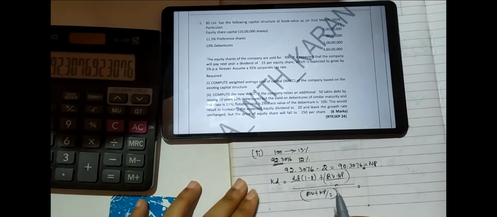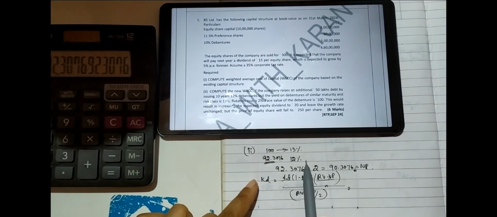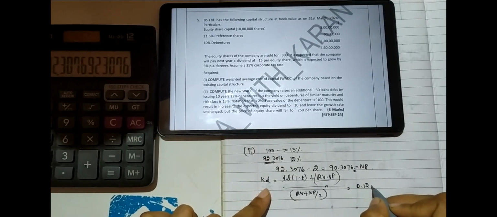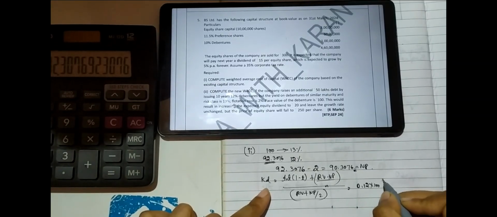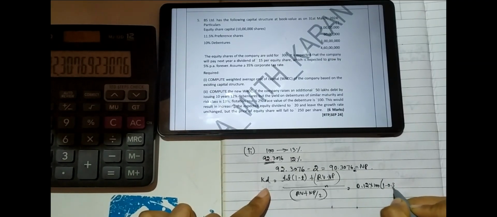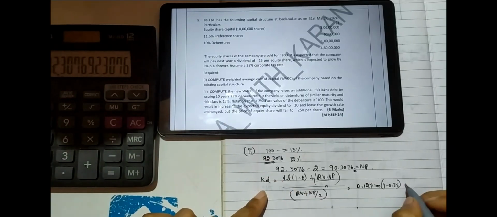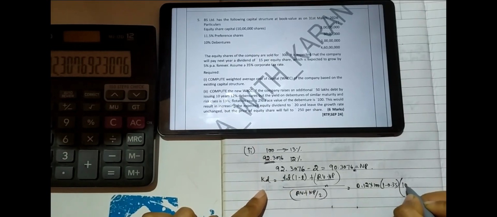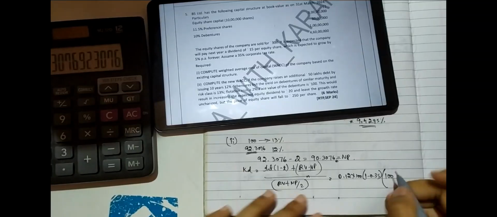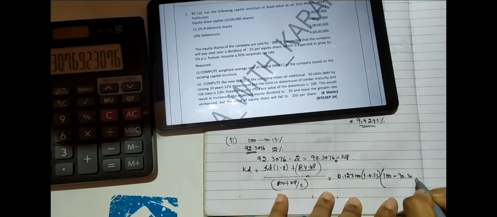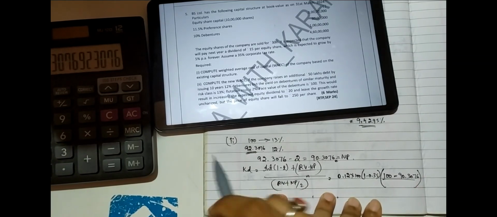So what is interest? They are paying 12% interest. So 0.12 into 100 into 1 minus tax rate, which is 35%, so 0.35, plus redemption value, they have given nothing, so assume it is 100, minus net proceeds, it is 90.3076, upon, for how many years are they issuing?